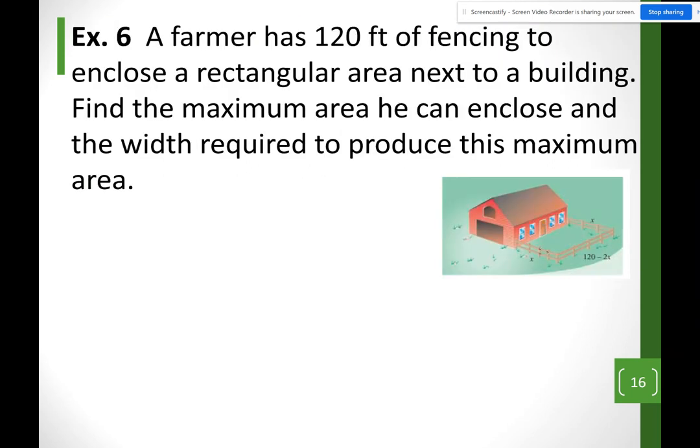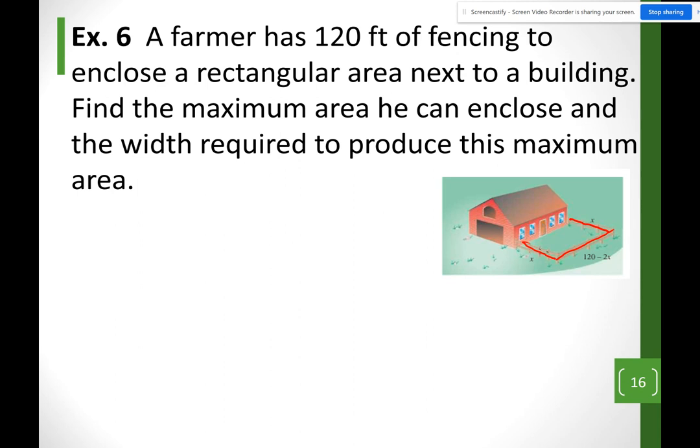So looking at this, it says a farmer has 120 feet of fencing. So I'm going to build a fence. I only have 120 feet of fencing to enclose a rectangular area next to a building. So you guys see my shape here. I'm only going to build 3 sides since one of the sides is the building.